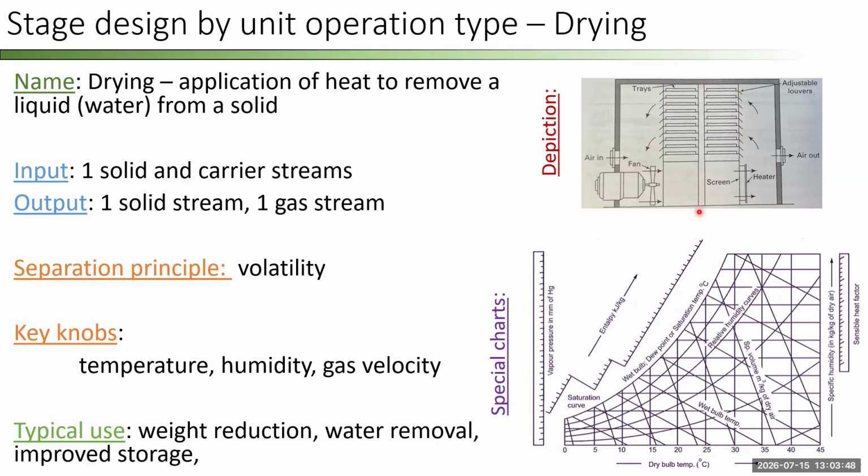This is an example of a tray-based dryer. Here you would have trays that are stacked up, and you would have your solid very loosely packed. So, we want as thin a layer as possible. We have air that's sucked in and a fan that's going to move air through the system, and then some sort of heater to heat things up.